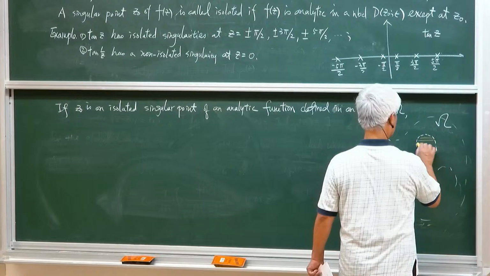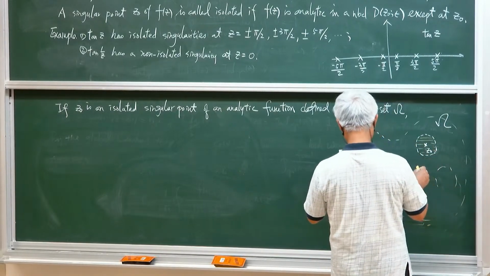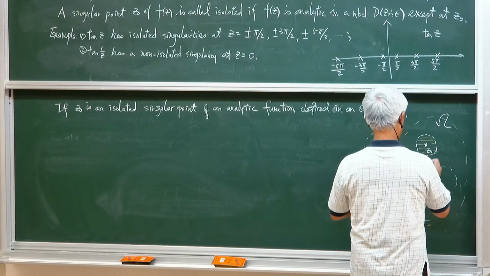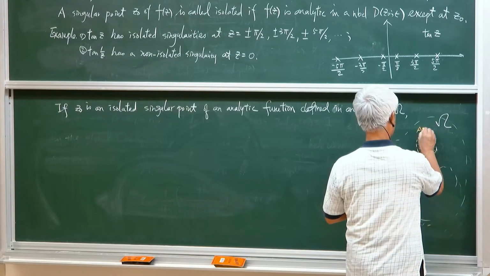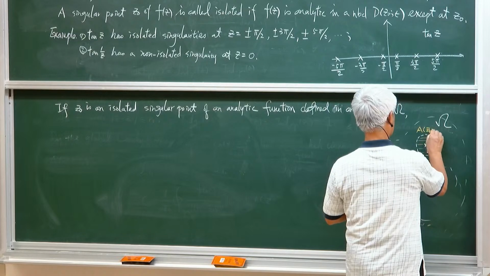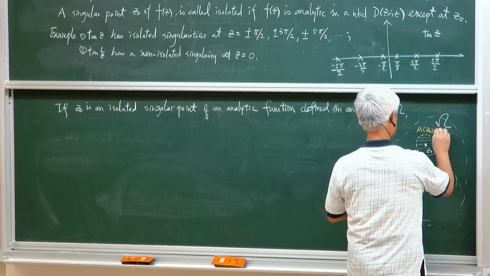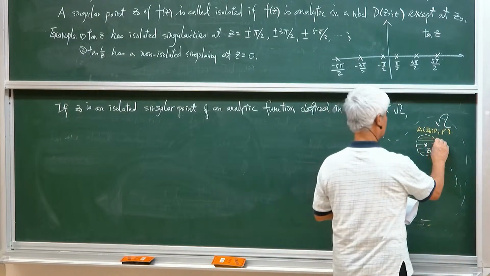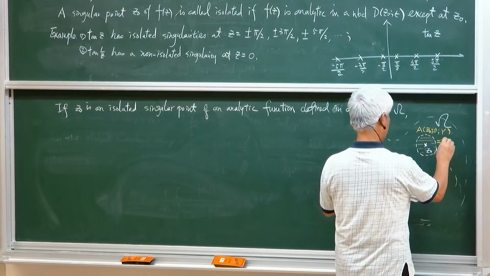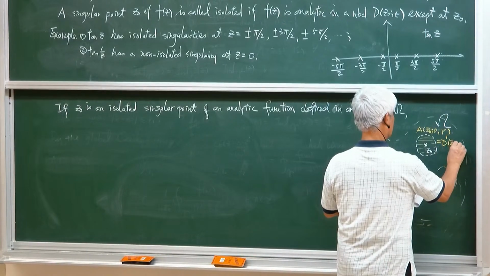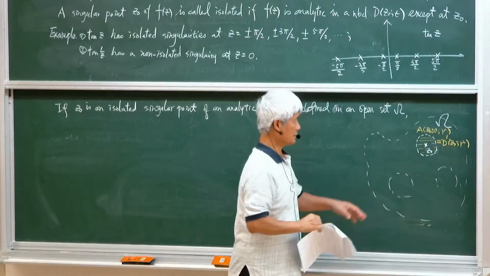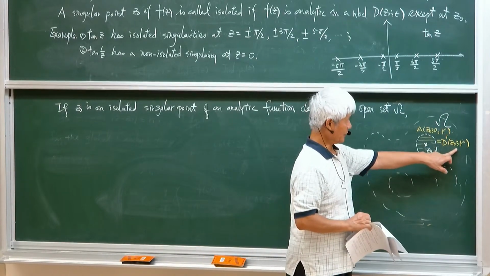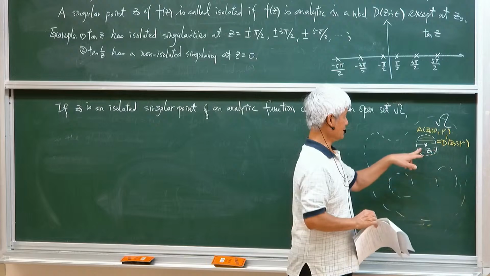So in this open annulus, we have the center z0 and radius R. This kind of open annulus we will denote as D prime of z0, R. That is the open disk with the center z0 and radius R, but we delete the center z0.